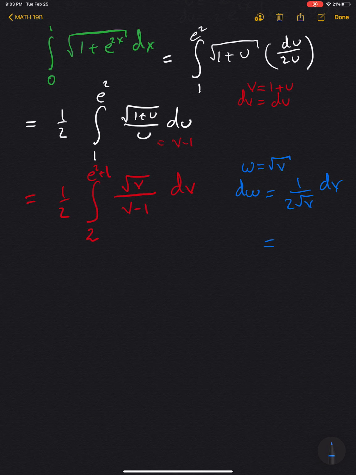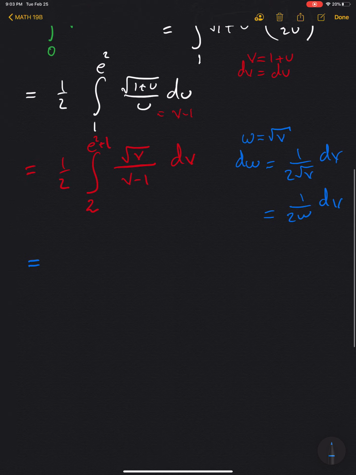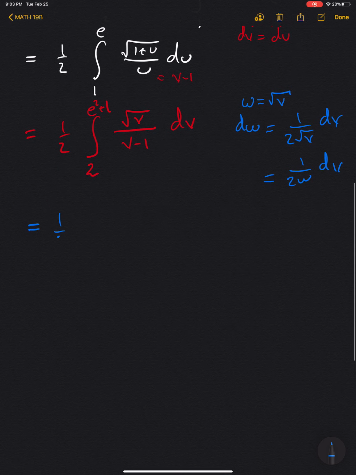So this becomes just 1 over 2w dv. So that means that we can translate this integral to be 1/2 the integral of w divided by w squared minus 1, and then dv is nothing else but 2 times w dw.